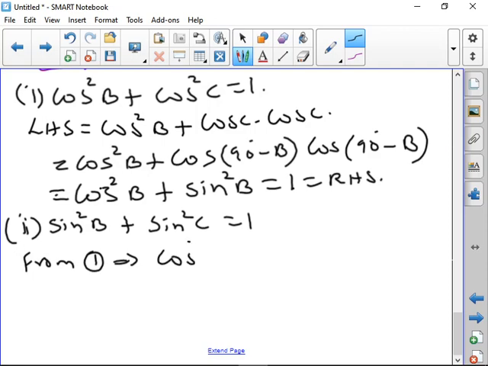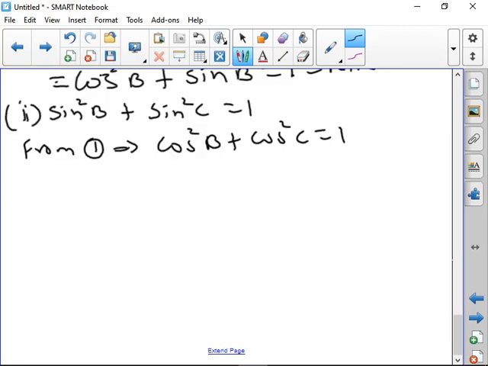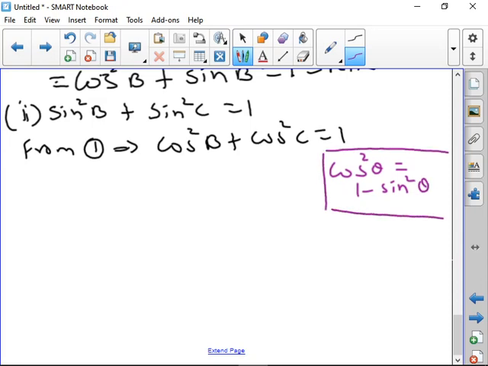Cos square B plus cos square C is equal to 1. So we know that cos square theta is equal to 1 minus sin square theta. So we'll use that here.